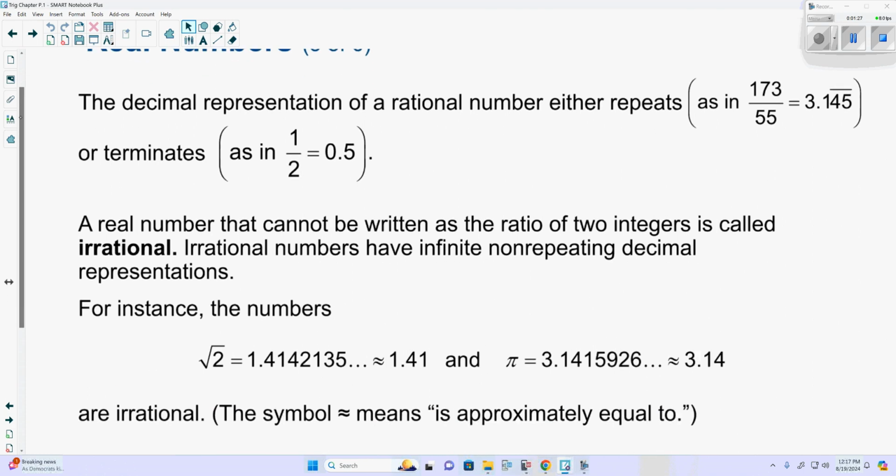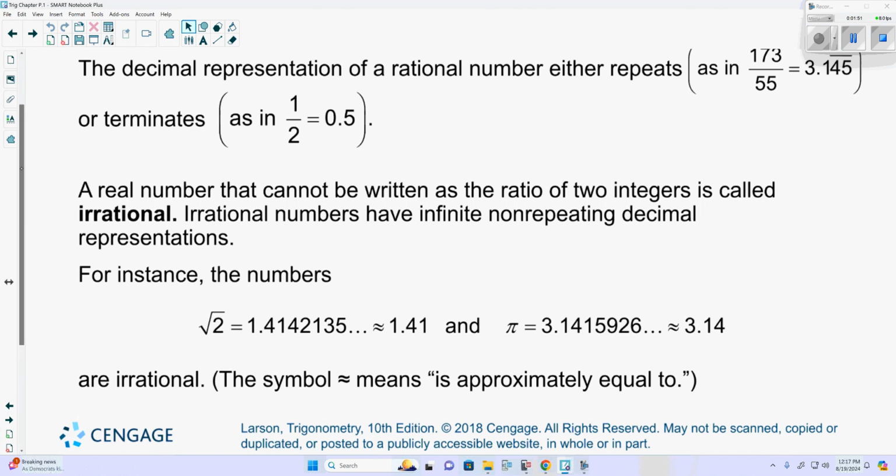The decimal representation of a rational number either repeats, be it 3 digits, 4 digits, or 1.3 repeated, or it terminates, it has an ending point. Any number that cannot be written as a fraction is considered irrational.